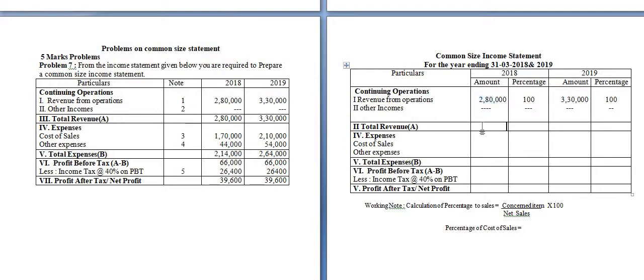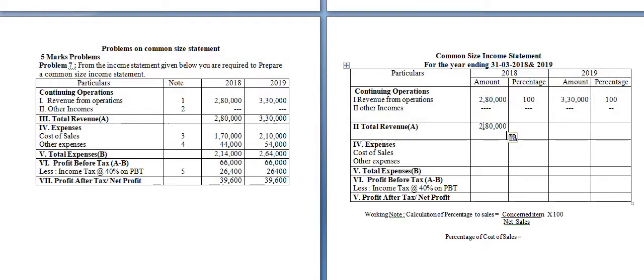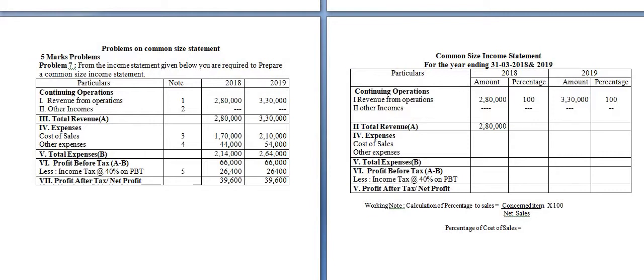So right here 2,80,000. Next percentage will be 100. Next amount is 3,30,000. This is the sales amount for the year 2019. Percentage is 100. Done.